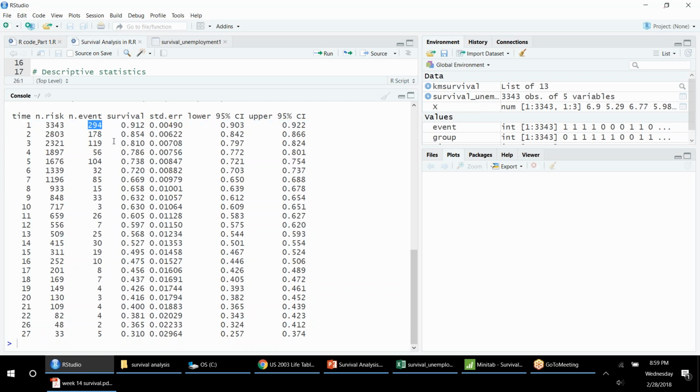Events, and this is where I have survival probability or survival rate. So after 1 month, I have 91% survival. That means there are still 91% of the people unemployed. Like that, you can keep on dealing with this, and after 28 months, I still have 31% of the people unemployed.